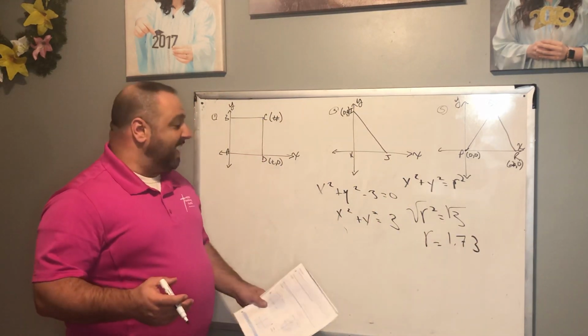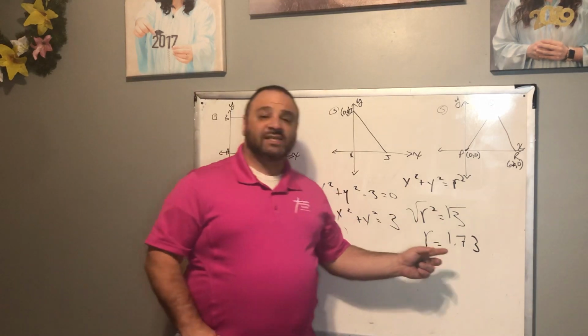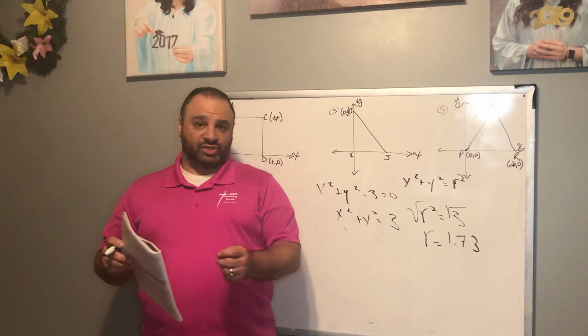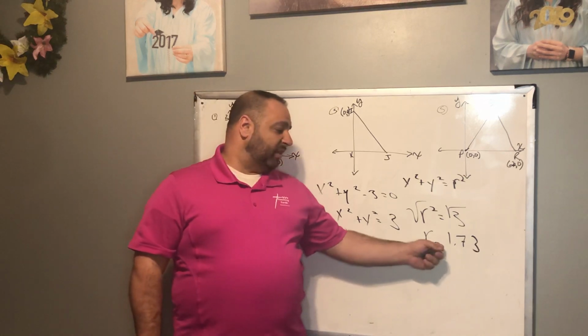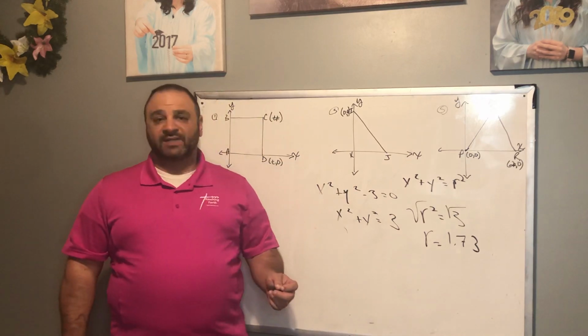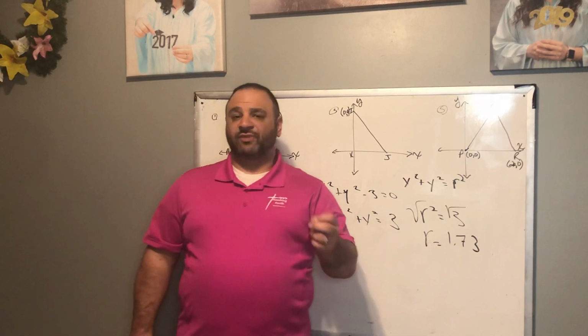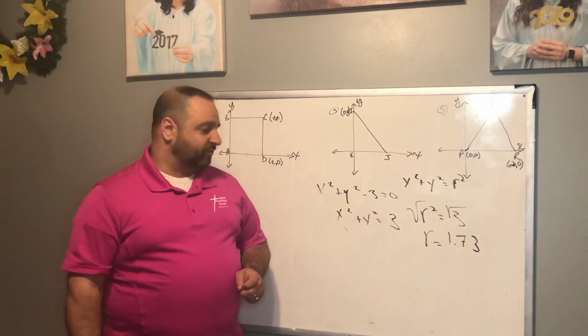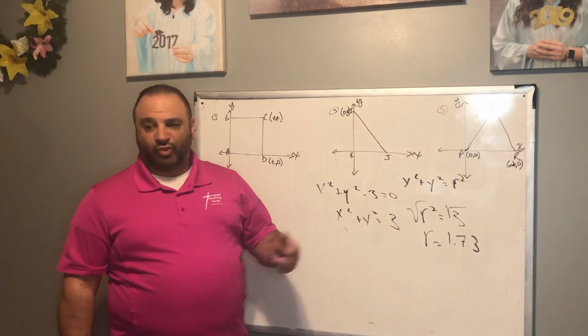If you're going to graph that, 1.73 would be between 1 and 2, closer to 2, and that would be the radius. So from your point 0, 0, you would go 1.73 spots to the right, 1.73 spots up, 1.73 spots to the left, and 1.73 spots down, and then draw your circle there.